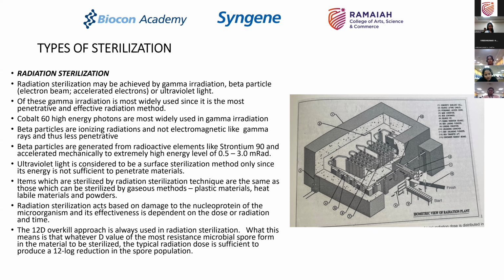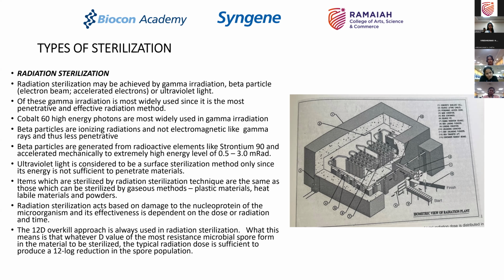Beta particles, on the other hand, are ionizing radiation and not electromagnetic, and therefore they are less penetrative. They are generally generated from a radioactive element like strontium 90 and accelerated mechanically to an extremely high energy of 0.5 to 3 mrad.